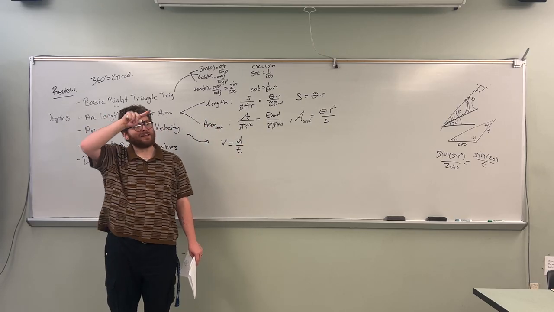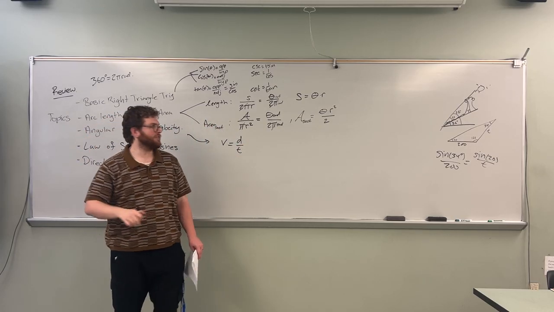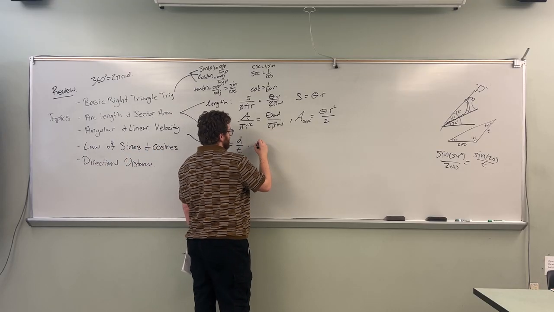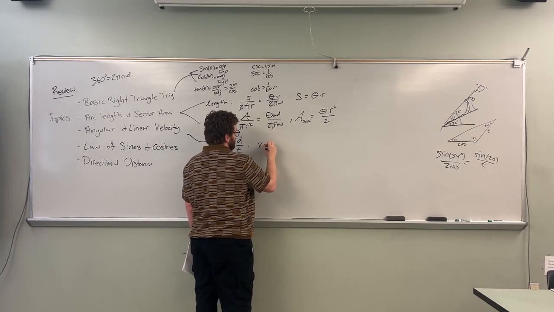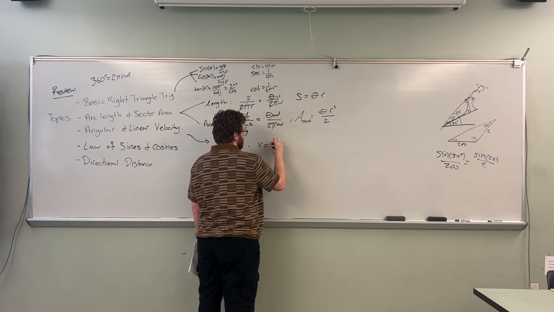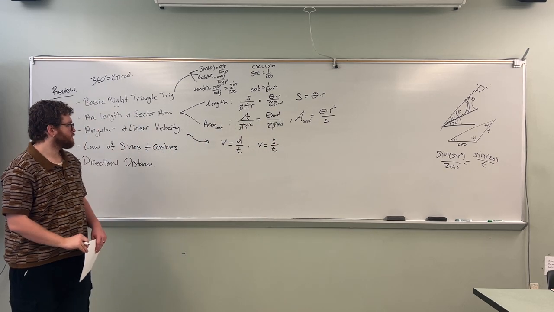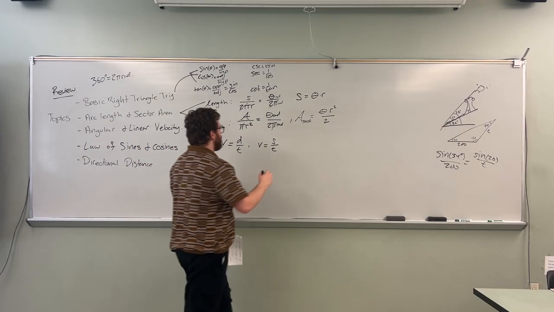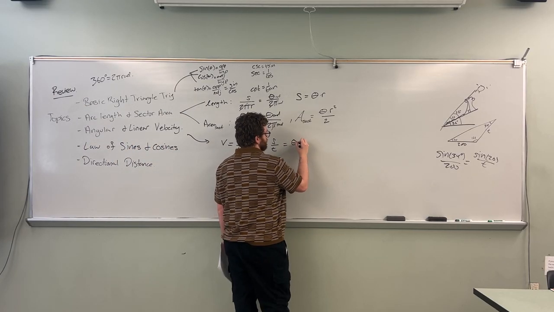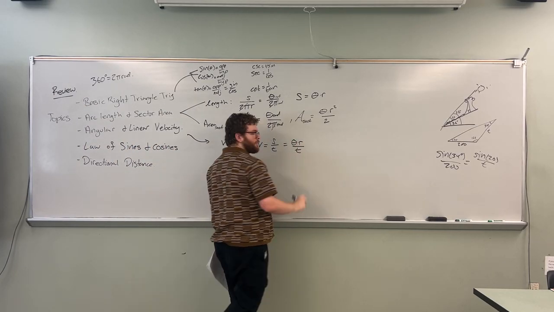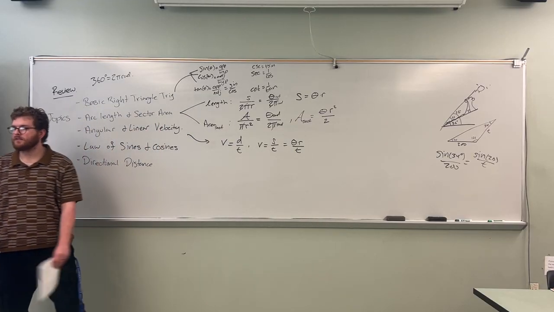So if I'm spanning whatever my arc length is, then my linear velocity, v, is going to be equal to my arc length over time, or theta r over t, which will be useful. Again, theta has to be in radian here.